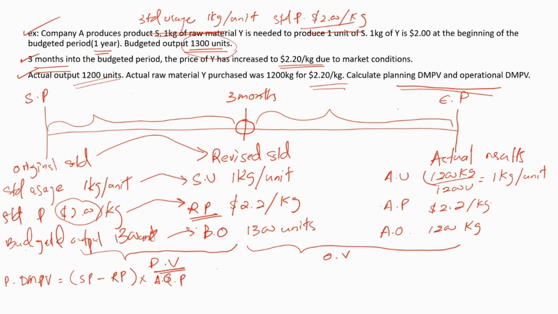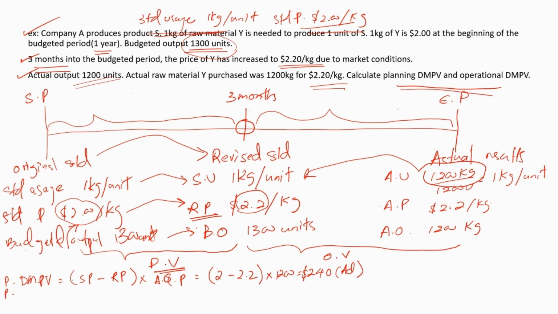So we have to take this value here, because this 1200 kilograms is the actual quantity purchased. So this is equal to 2 minus 2.2, where 2.2 is the revised value and 2 is the standard value, multiplied by the actual quantity purchased, which is 1200. This is equal to negative $240. So this is an adverse variance.